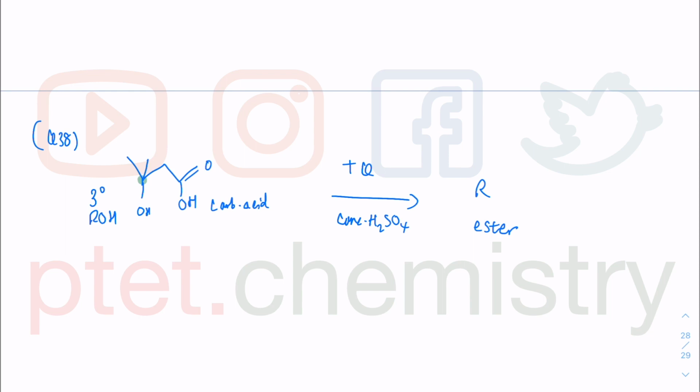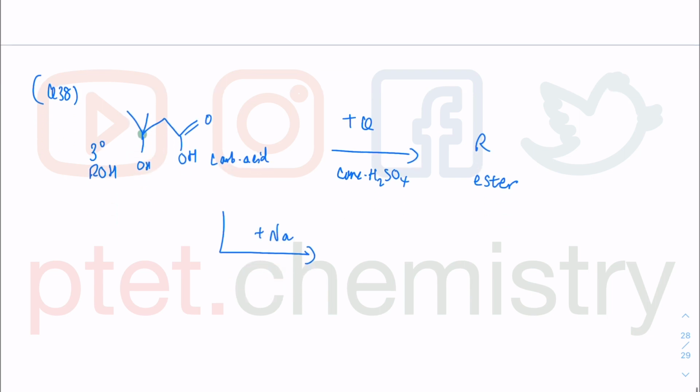And then we say that we get effervescence when you add sodium to it. The key thing really is sodium does react with the alcohol group as well as the OH of the carboxylic acid group. So this will be O minus Na plus, and this will be O minus Na plus.